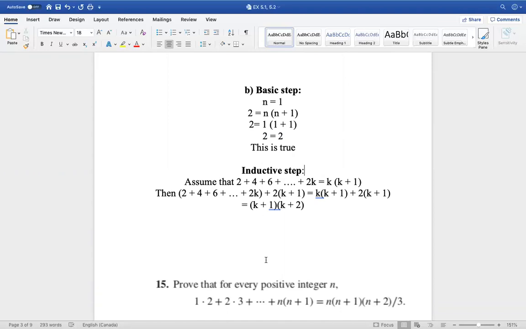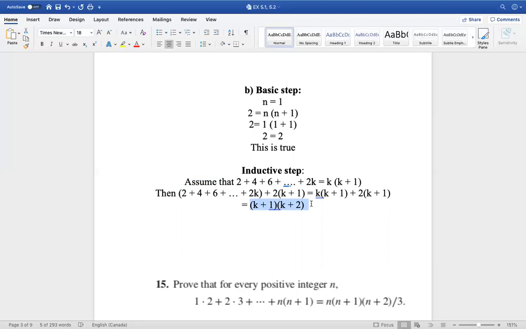So in the inductive step, we take it as it was in the question, and then we say, if this left hand side equals the right hand side for this one, then by induction it should also equal this one. And then we simplified it to k plus 1 and k plus 2 here.